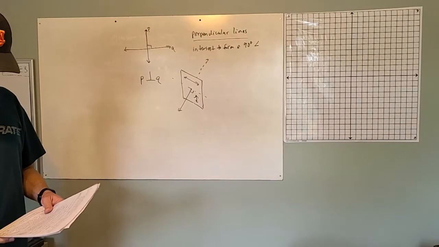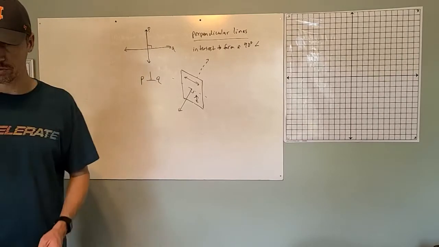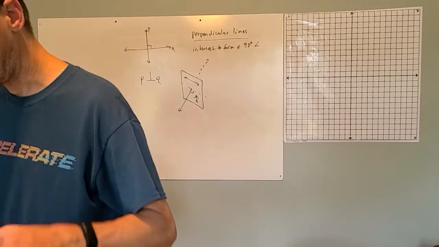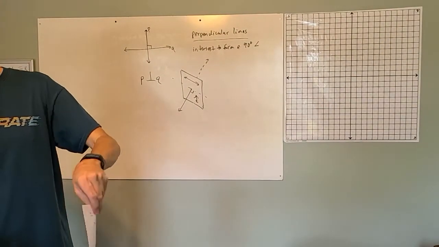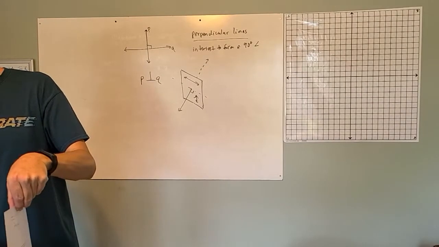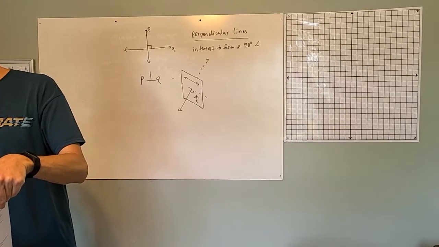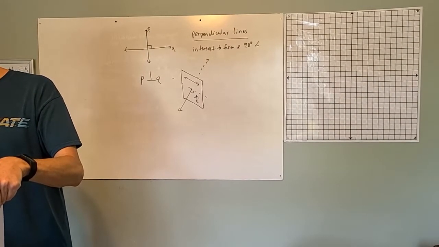I don't know where we might need that, but that should kind of be obvious to us. If this is your plane, and we consider this pin to be our line that goes through it, it's clearly perpendicular to the plane. It forms a 90-degree angle. So do you see if I drew any line on that piece of paper, this line would also have to be perpendicular to every line that was on that piece of paper?